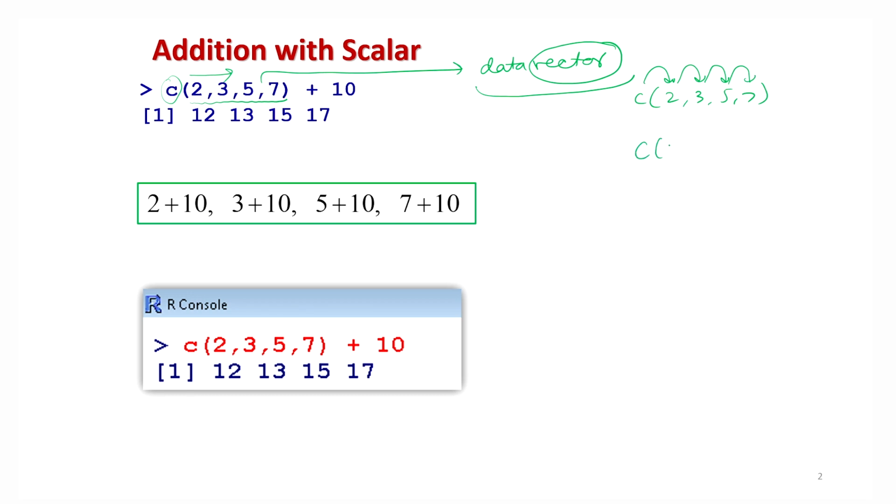And this is different from if I write 2, 5, 3, 7. So they are not the same. That is what you have to keep in mind. So whenever I use the word data vector, that means there are some numerical values which are combined with the c operator.